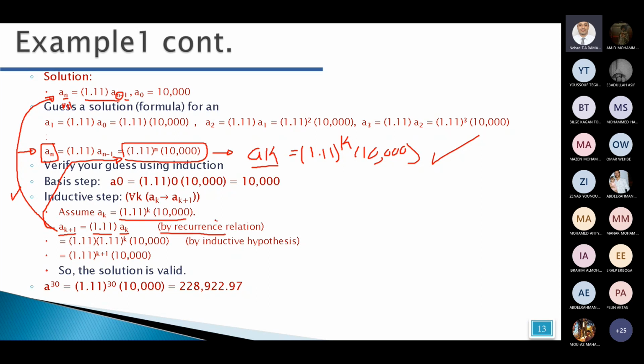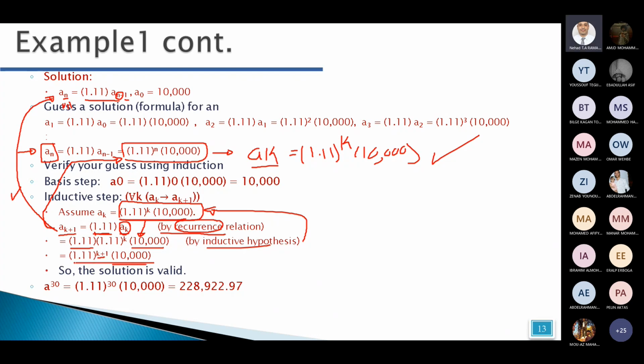This is from the recurrence relation. Now, by the inductive hypothesis, we said that this is correct, so we put it instead of Ak. We still have 1.11, and instead of Ak, its value here is 1.11 power k multiplied by 10,000. Reorganizing, 1.11 times 1.11 power k is 1.11 power k plus 1, multiplied by 10,000.